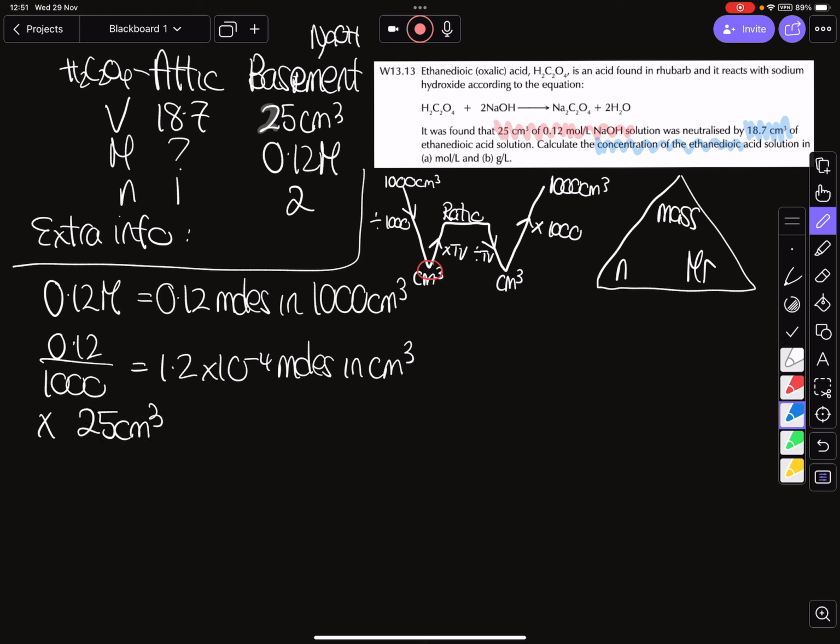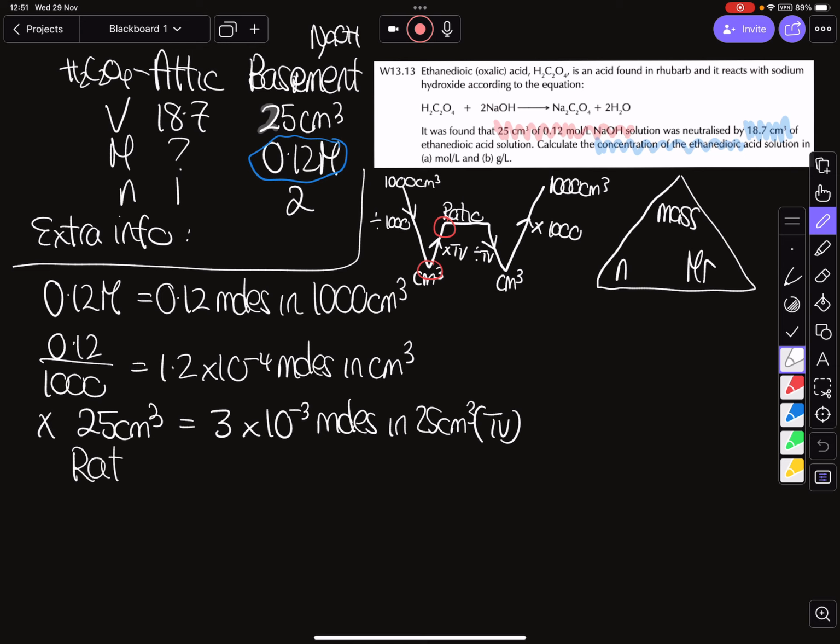And I just recognize that I didn't tell you that this is the way into our maths. And again, we use every number that is in our table by the time we are done. So when I multiply by 25, I get 3 by 10 to the minus 3 moles, and that is going to be in 25 centimeters cubed. And again, that is a tighter volume, so I always put that in as a recognition. So that gets us to here.